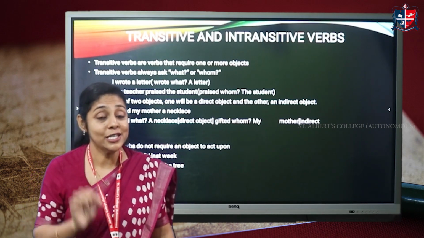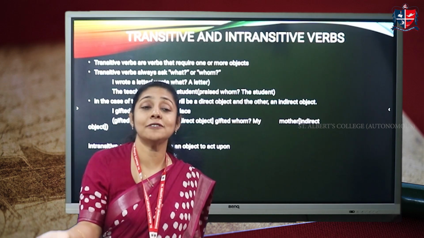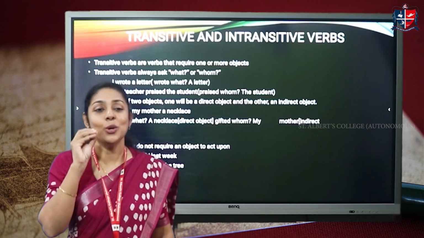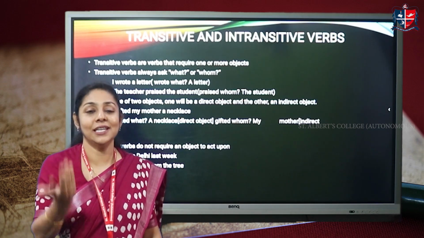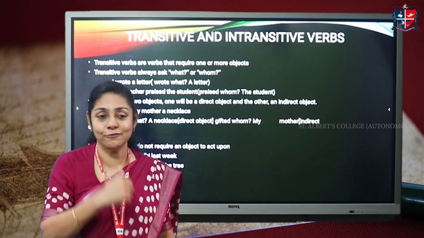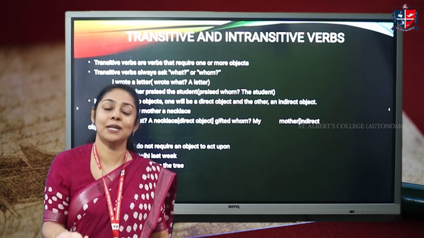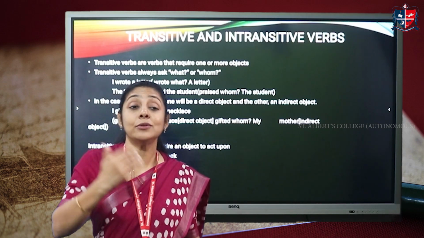And you always need to remember that when we convert a sentence from active voice to passive voice, we can only convert sentences which have transitive verbs. Suppose I tell you, I went to Delhi last week. It's a sentence in active voice. How do you convert that to passive? You cannot convert that because it does not have an object, right? But suppose I tell you, I wrote a letter.